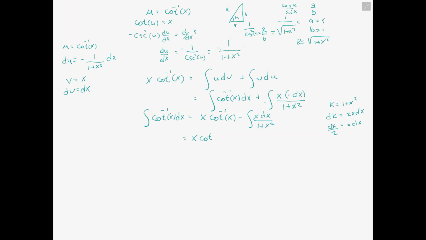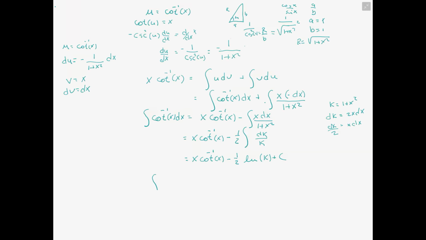So we've got x arc cotangent x minus 1/2, and we have x dx, so that's dk on k, and that happens to be x arc cotangent x minus 1/2 ln k plus c.